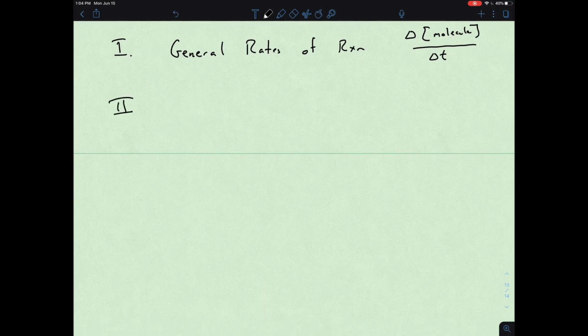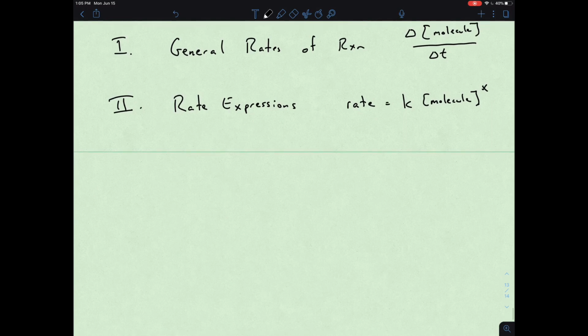And we just talked about rate expressions, which give us a sense of rate and order. But if you think about it, with general rates, we're just talking about how concentration changes over time.